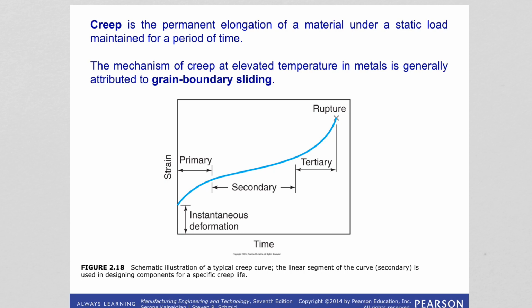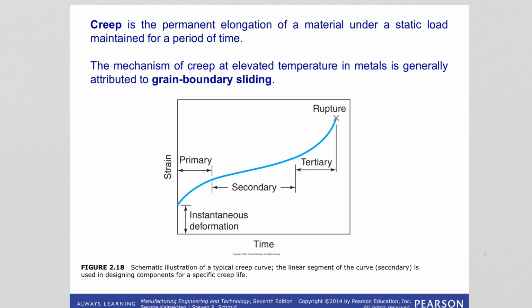This is how your lamps burn out, because over time, under its own weight, it goes through creep, because there are high temperatures over there, right? It is especially important in high temperature applications, therefore, like gas turbine blades.